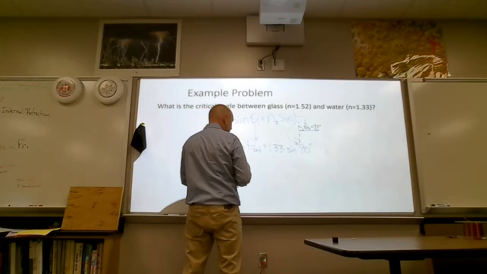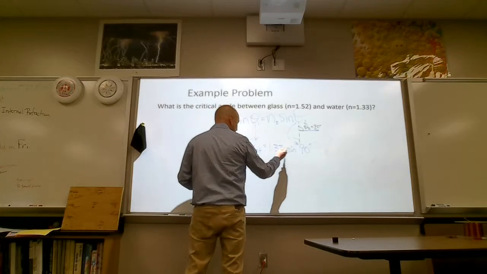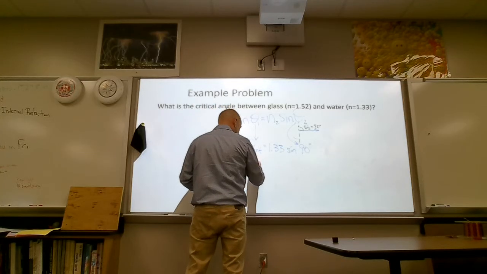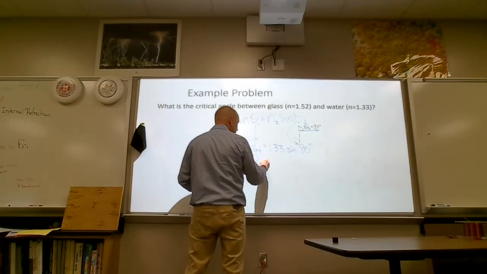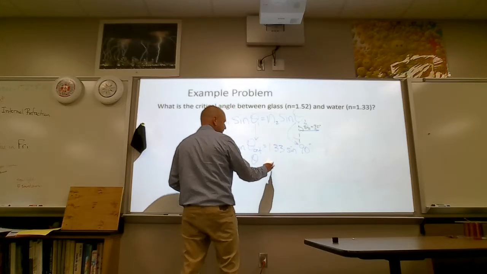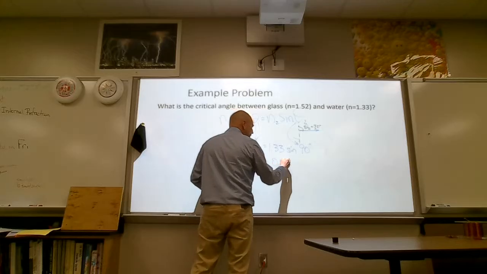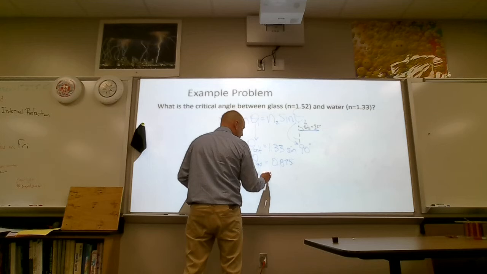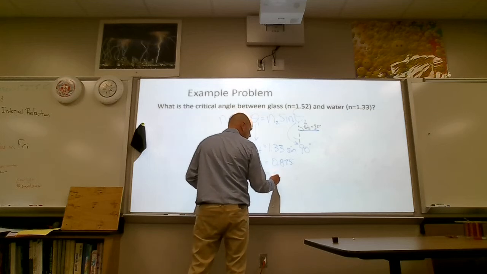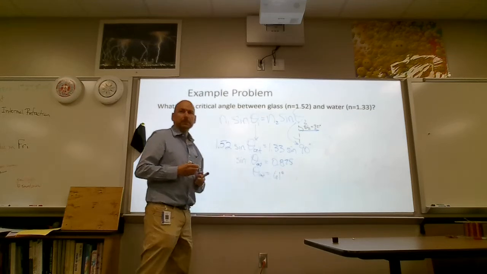So that's what we're going for. Sine of 90 is what? 1. Easy peasy. So you get 0.875. Inverse sine, find that to be 61 degrees.